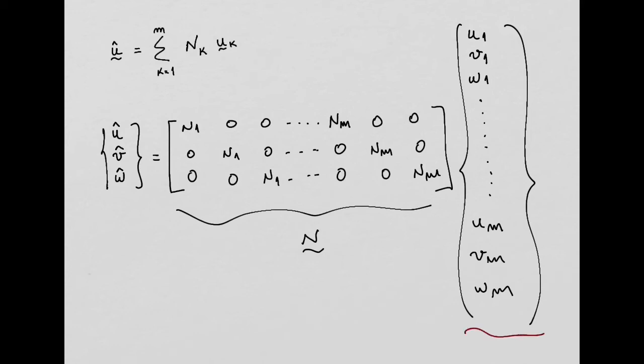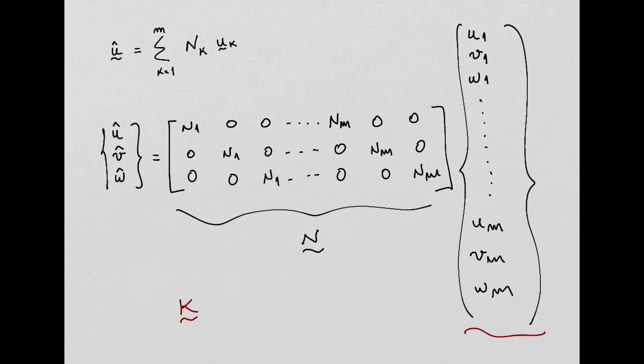Now, this vector here, the vector of unknowns, or the vector with the degrees of freedom, after replacing all of these in those integrals and in the weighted residuals, at the end we will arrive at the system of equations where we have the stiffness matrix, after assembling the contribution of all finite elements.